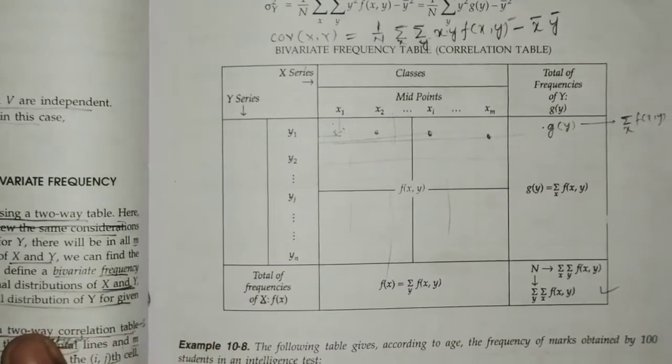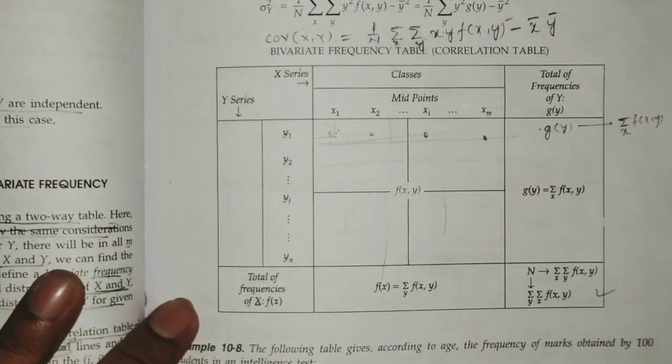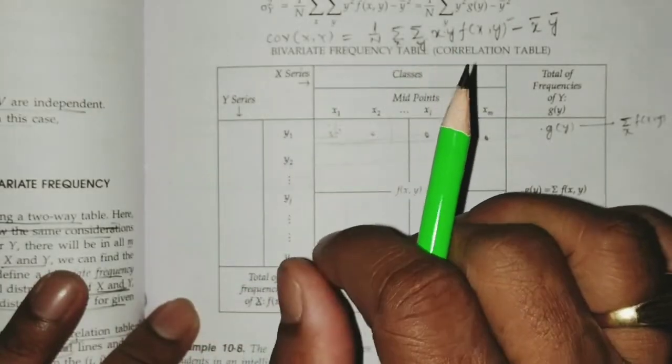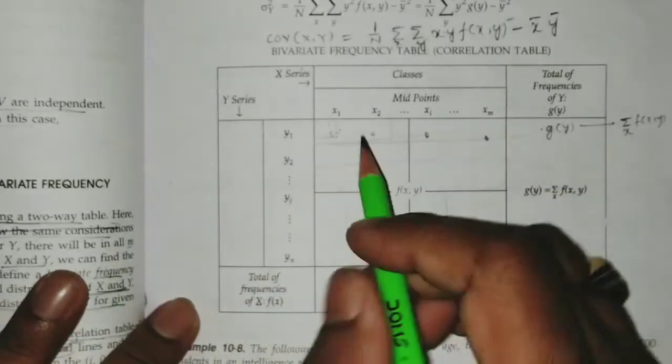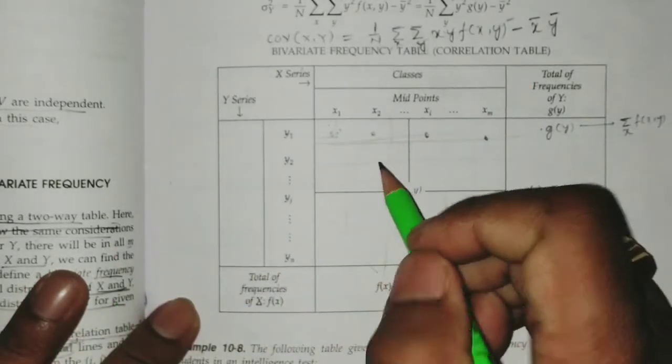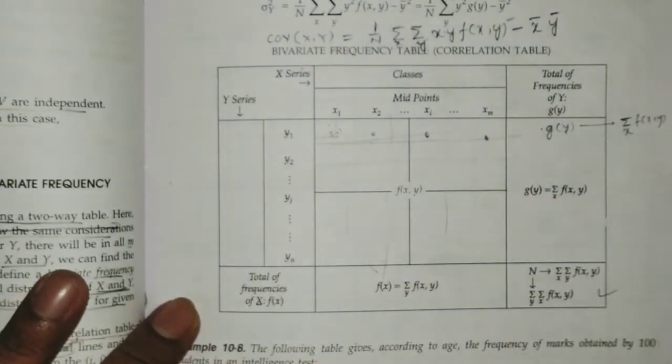There all the points belong to probabilities, and here these are the frequencies.